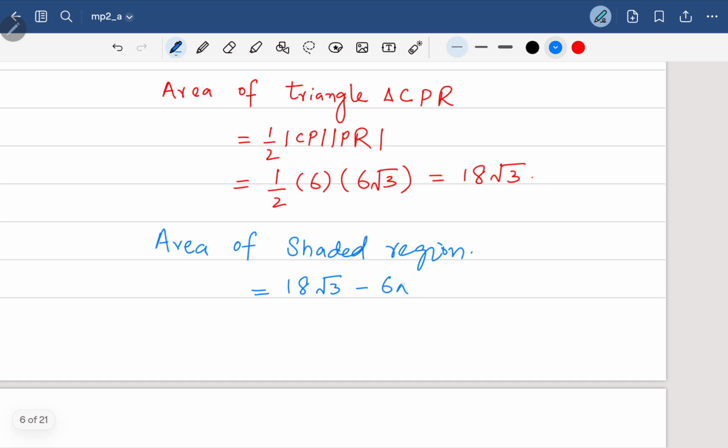Now if you take this 6 out as a factor, you're left with 6 times 3 root 3 minus pi. So this is the thing we had to show.